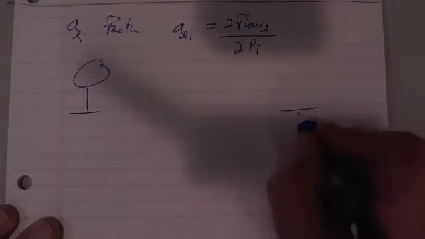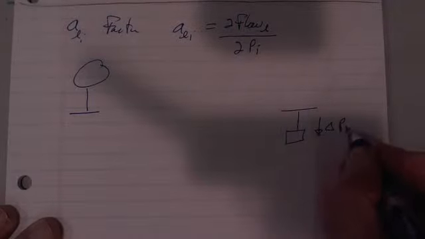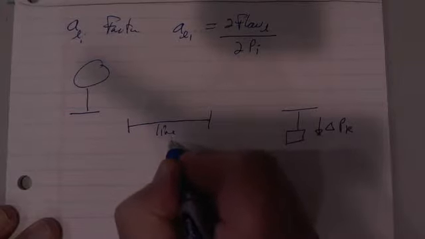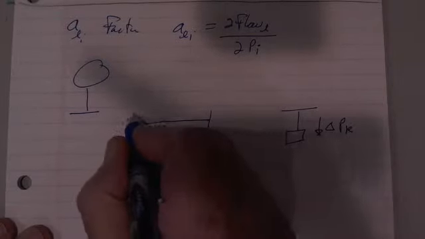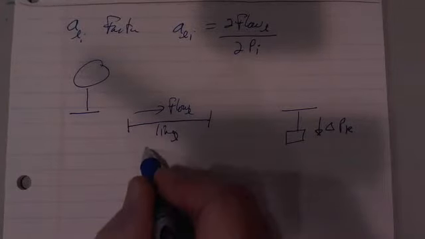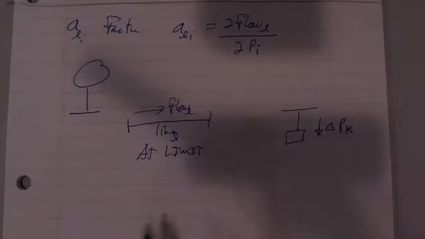And here's the load again with a delta PK. And now I have a transmission line, line L in here with flow L. And this is at limit. So it's being held.